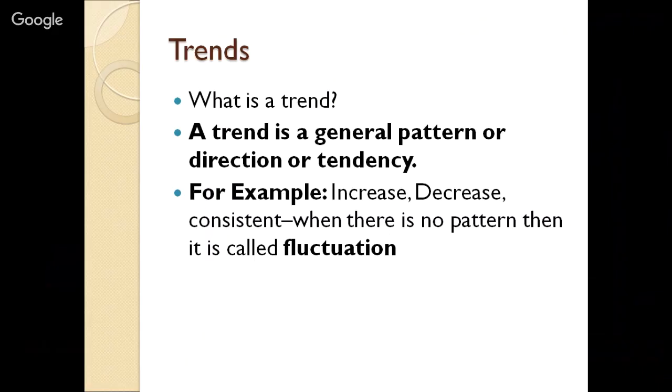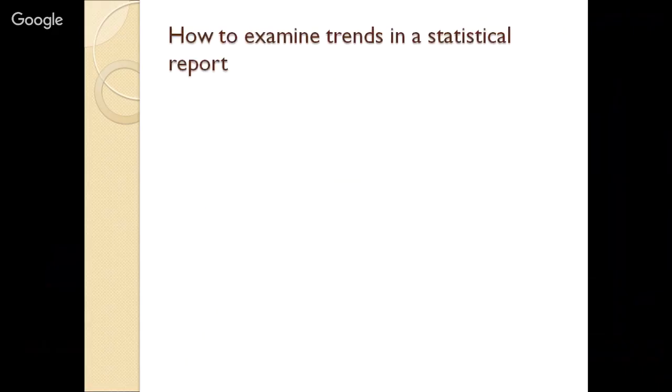For decrease, your hand would be going down, down, down. And for consistent, it's going across, no real significant change. And if it's fluctuating, your hand is going up and down, up and down. There is no clear pattern when it is fluctuating.